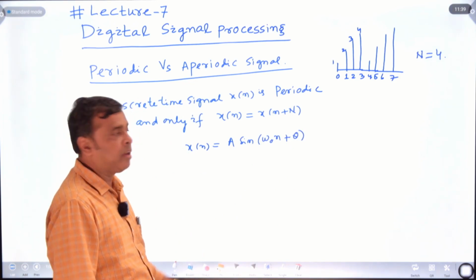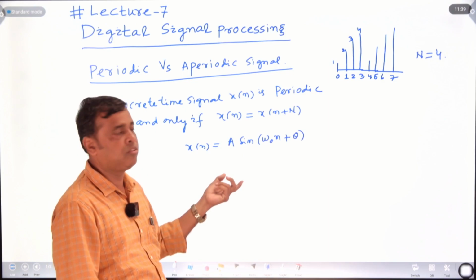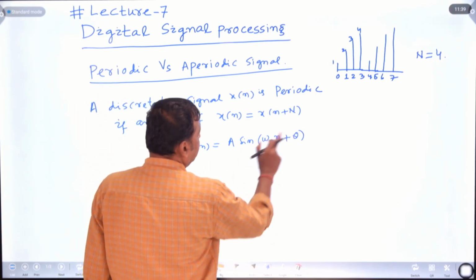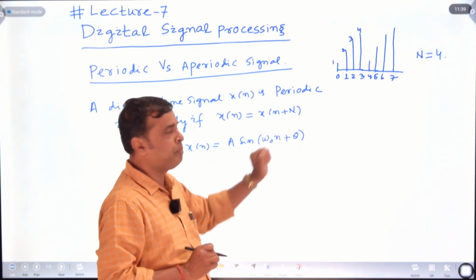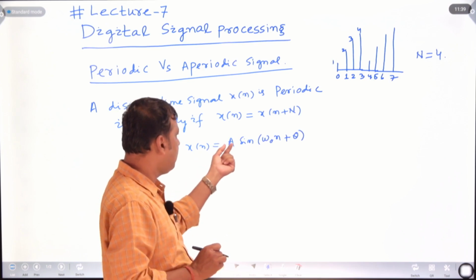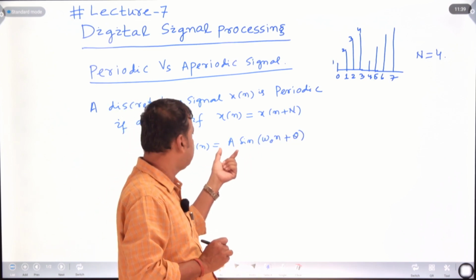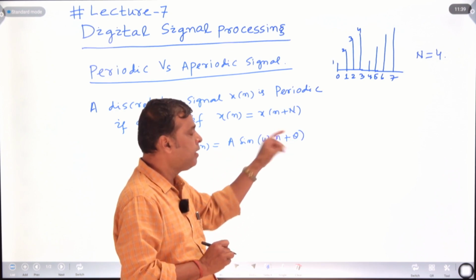A discrete time sinusoidal signal is periodic with the fundamental period 2 pi. Here A is the amplitude, omega 0 is your frequency and theta is your phase shift.